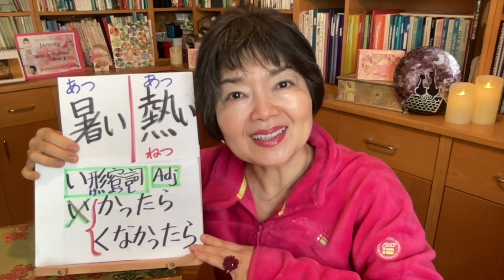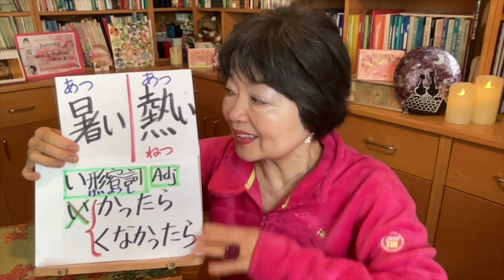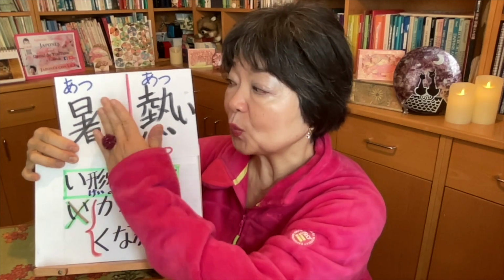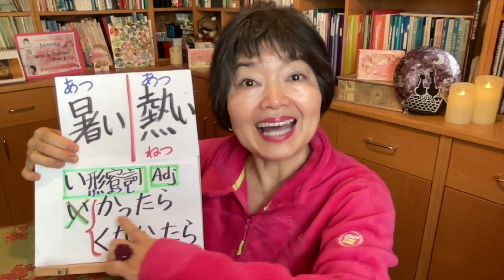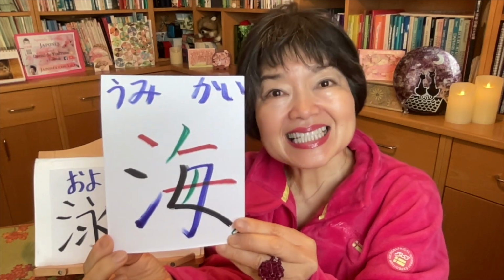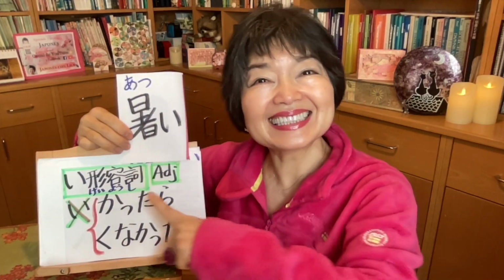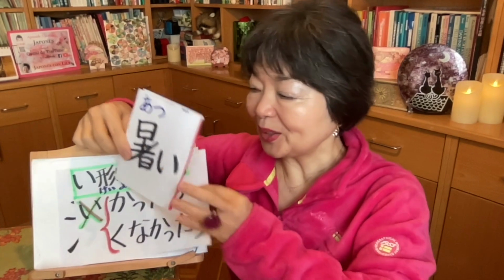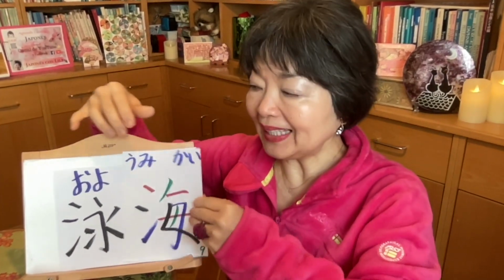If it is hot or if it were hot, 暑い but without い then 暑かったら海 this is the sea 暑かったら海で泳ぎます. If it were cold, I'm not gonna swim in the sea.